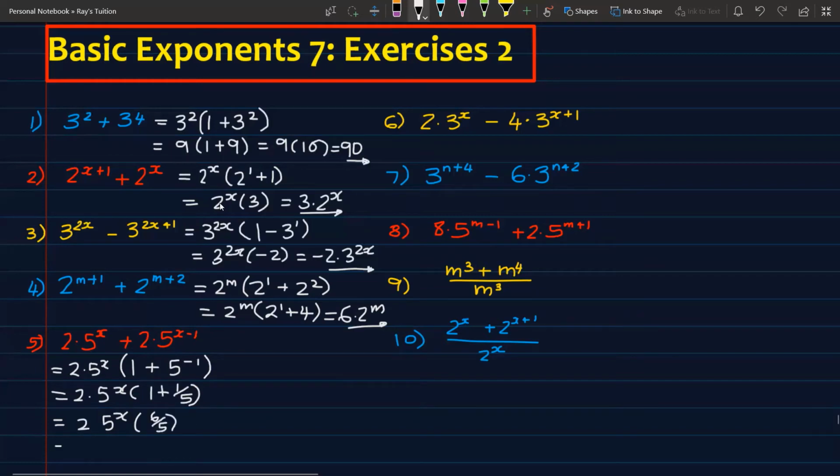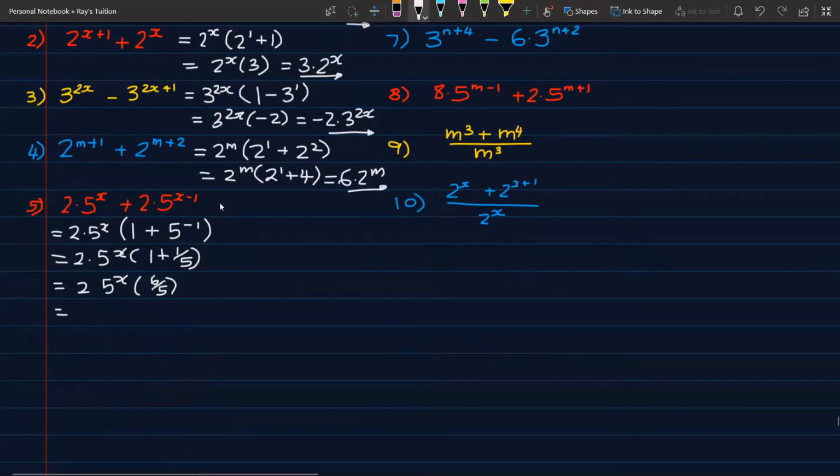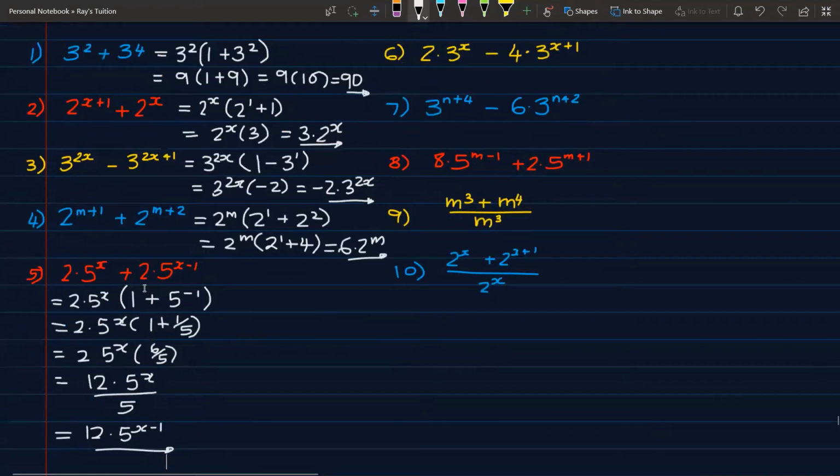And I guess you can then just write this as 12 times 5x over 5, which I guess you can write as 12 times 5x minus 1 if you wanted. Okay, anyway, that's just simplification, but you get the concept that we first divide by what is common.